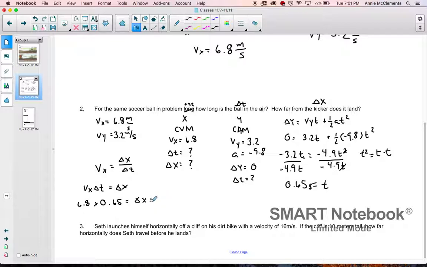Go ahead and do some little calculations there. And you're going to get that the ball goes 4.42 meters horizontally.